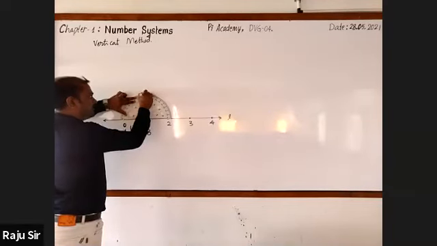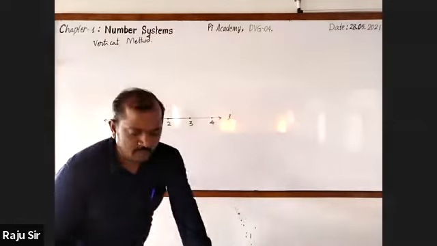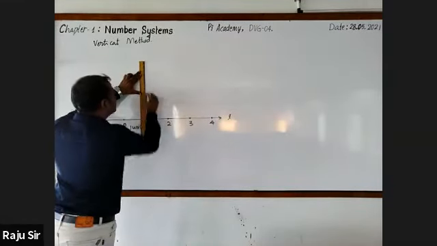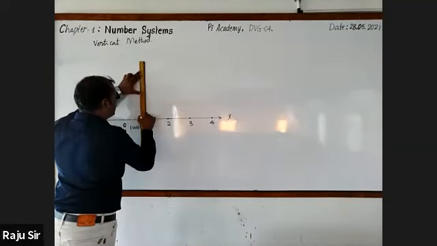Let us mark against 90 degrees. Hope that you have done the same. Next, let us draw the perpendicular at B.